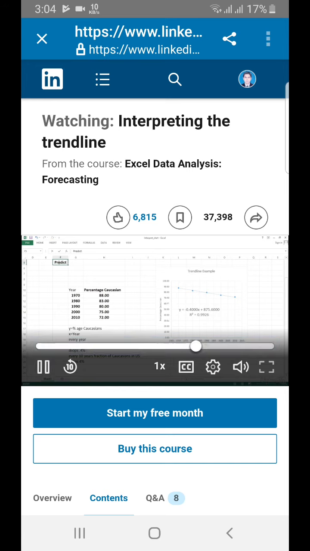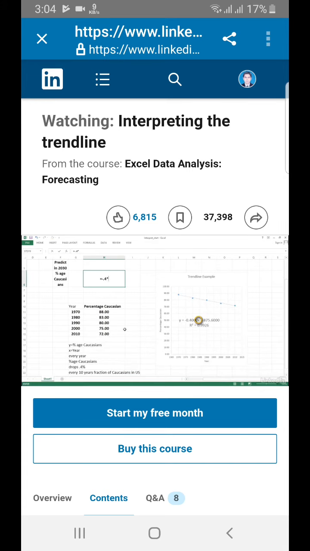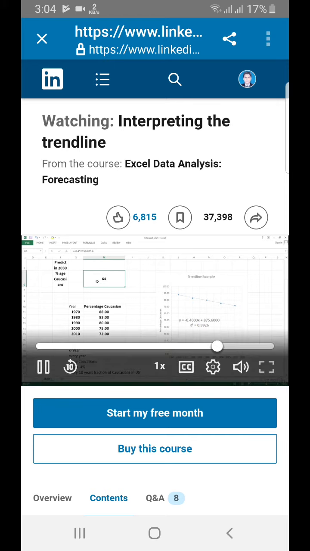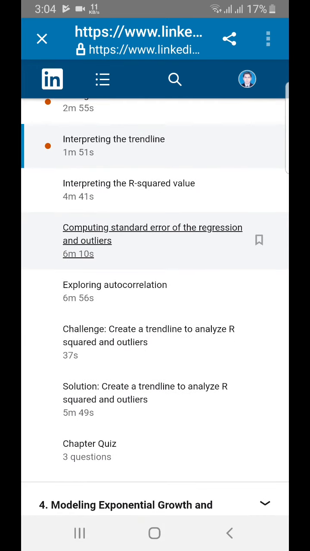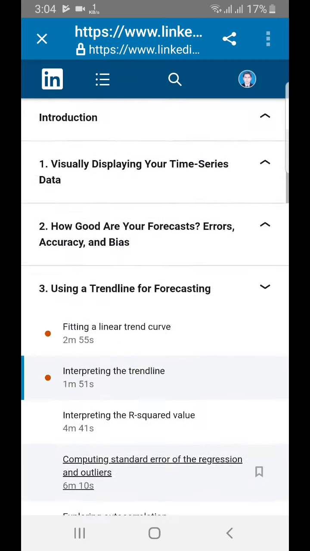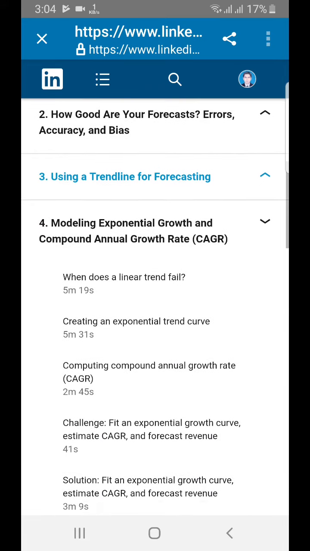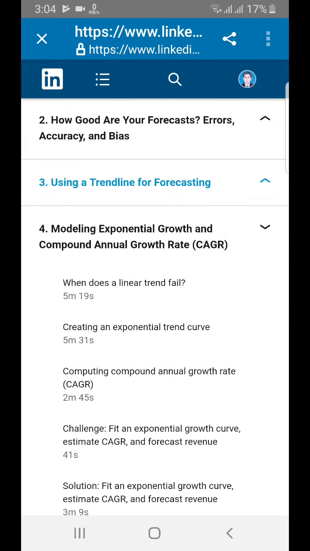Minus 0.4 times 2030 plus 875.6 would give us a prediction in 2030. Now in the next video, we'll learn how to interpret the R squared value on the trend line output, which you've seen in the previous 2 videos, but we haven't really discussed its meaning.